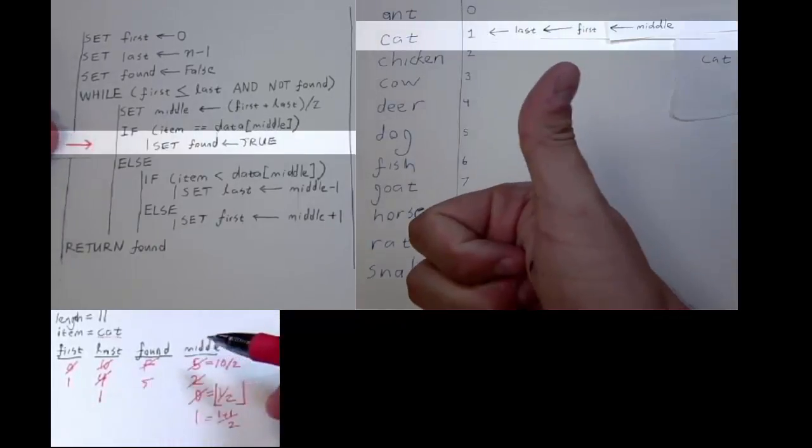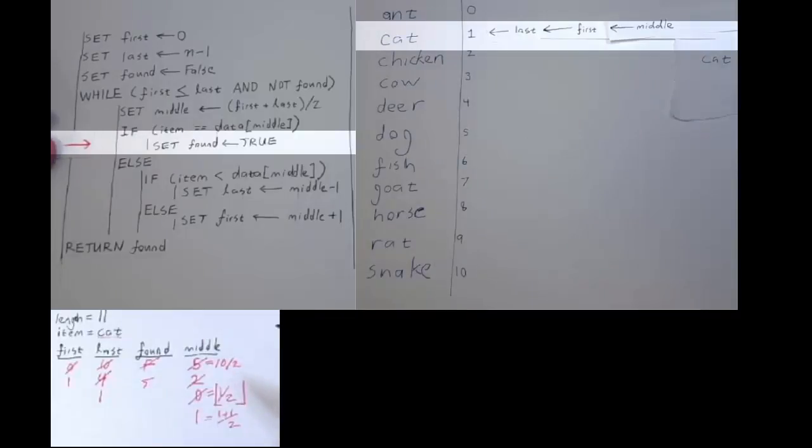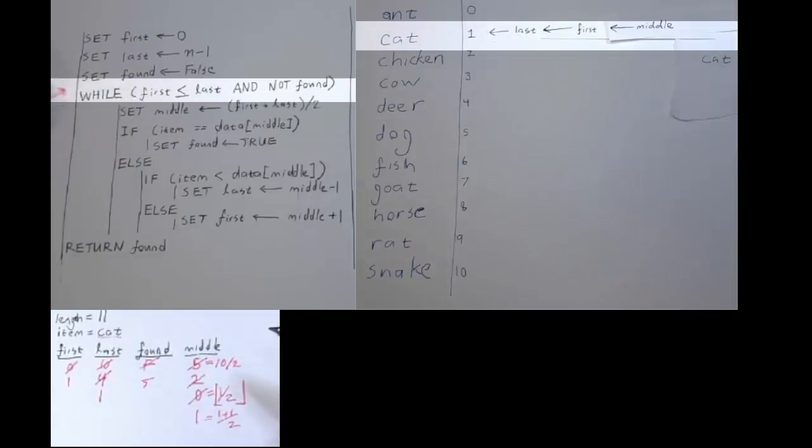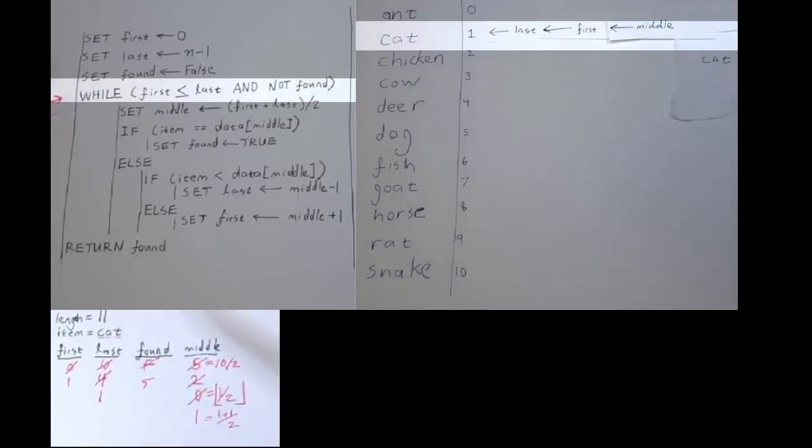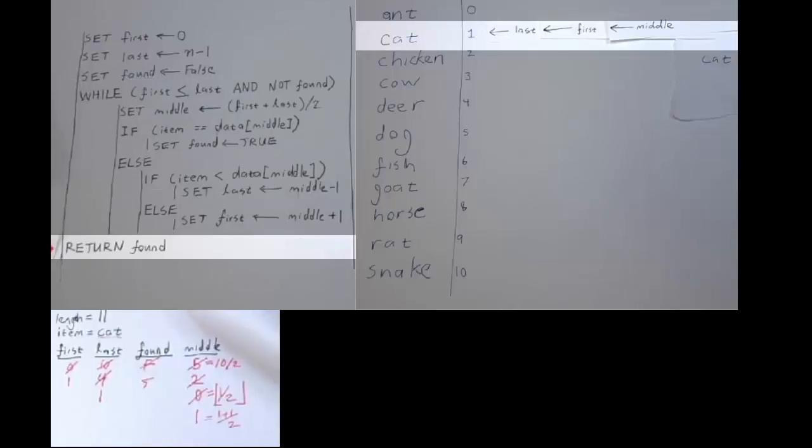Yay, we found it. And then we skip the else statement and we go back up to the test at the top of the while loop. While first is less than or equal to last, yes, still. And not found. Well, found is true. So not found is false, which means we break out of that loop and we return true. We found it. Okay. All right.